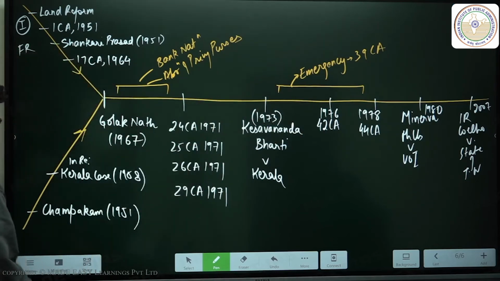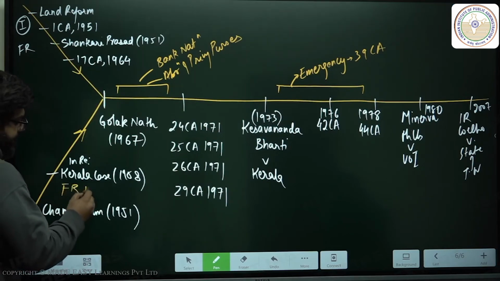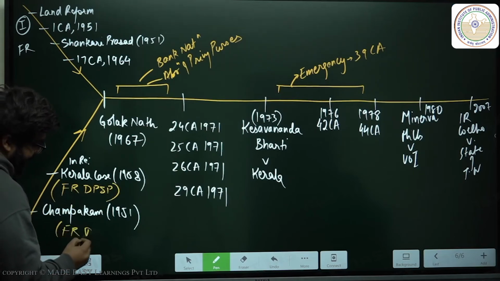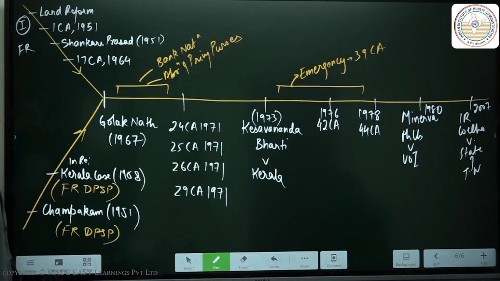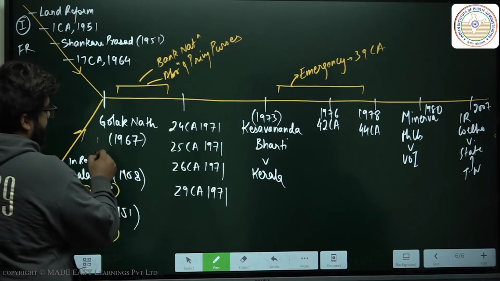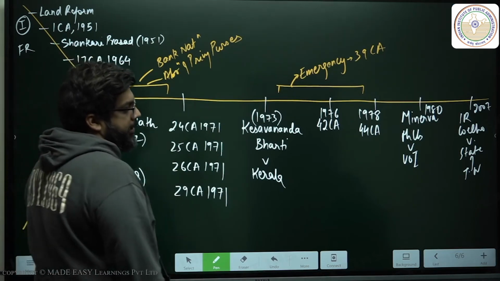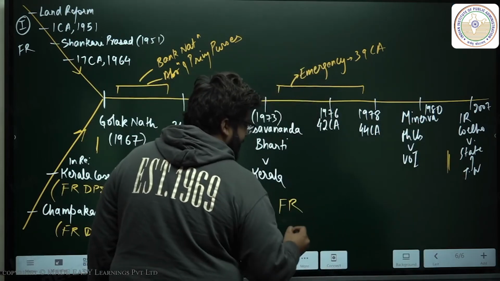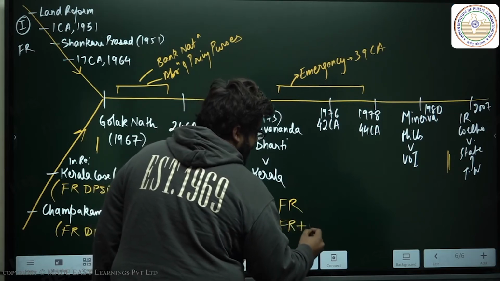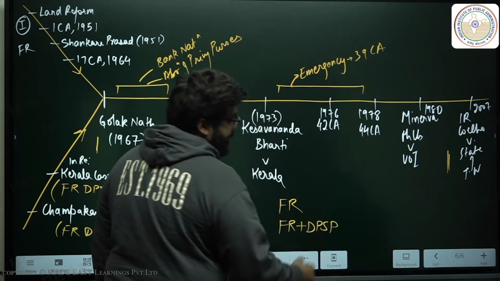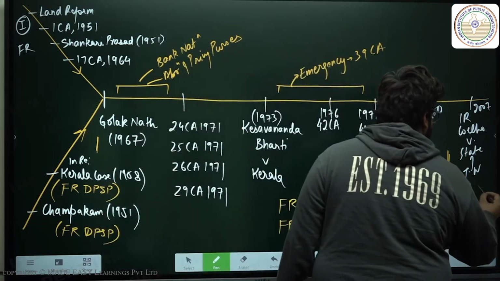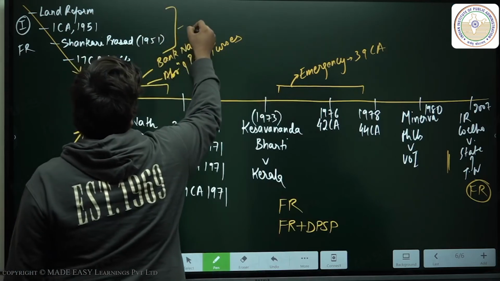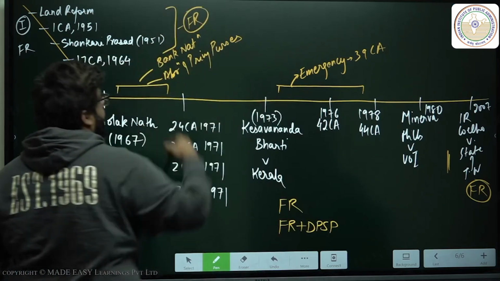Correct? So this is a FR DPSP case. This is an FR DPSP case. Right? Everything else from here, from Golaknath till about Minerva Mills, is both fundamental rights and directive principles. I.R. Coelho is just about fundamental rights, and these cases are just about fundamental rights.